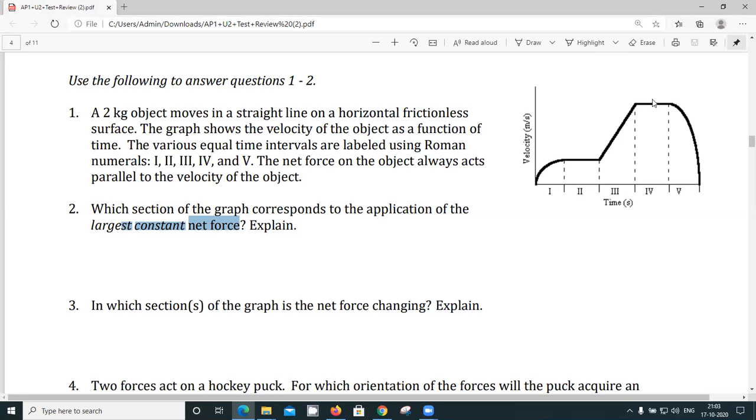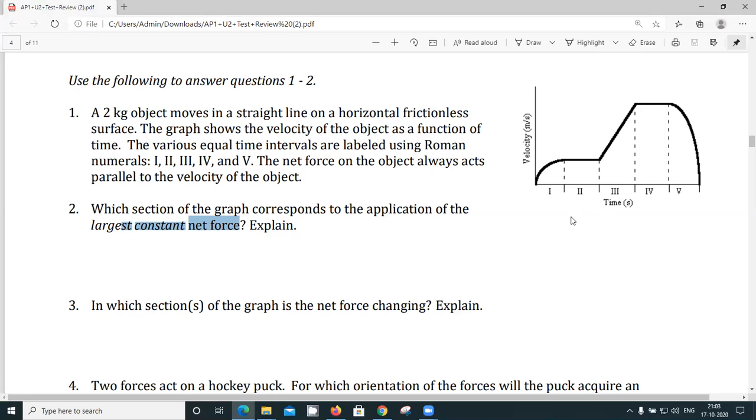Here the slope is 0. Okay. So is there any other interval where the force is constant? What about 2? Isn't it 0? It is 0. Zeros are constant, right? Yeah.